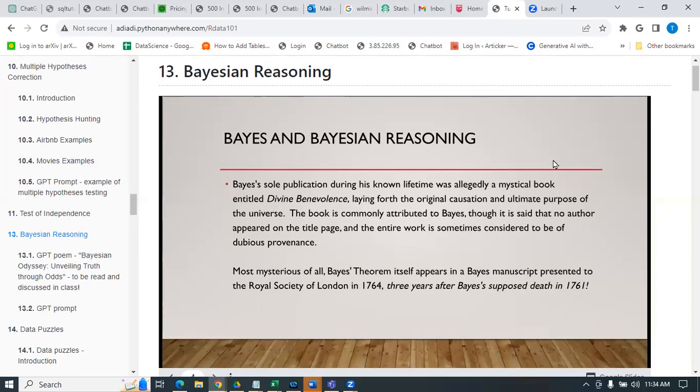Bayes' sole publication during his lifetime was allegedly a mystical book entitled Divine Benevolence, and we don't even know, by the way, whether he was the author of this book, where he laid out the foundations of what is known today as Bayesian theorem.